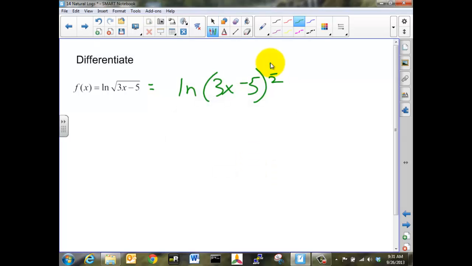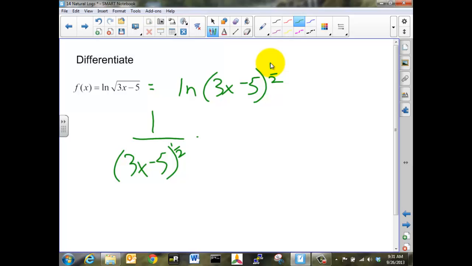You did the chain rule and brought that down, and then when you were taking the derivative, you did the chain rule? Okay. All right, so you said then that's 1 over 3x minus 5 to the 1/2 times the derivative of this, right?